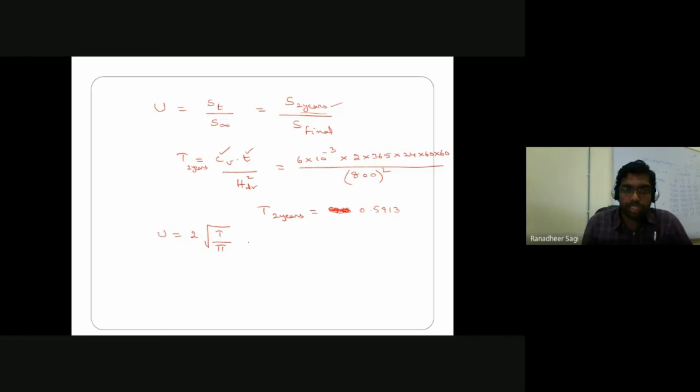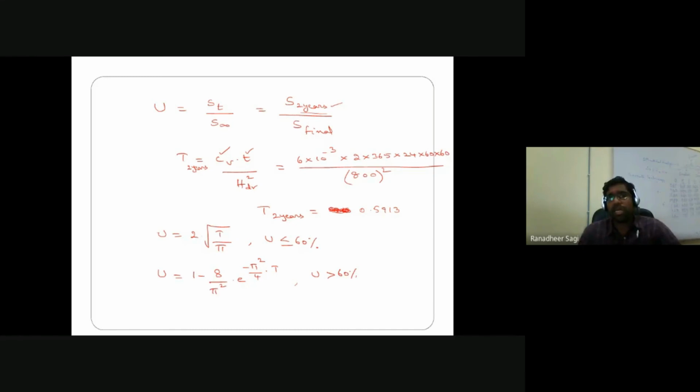Okay, so this expression is valid for U less than or equal to 60%. And another expression for U is given as 1 minus 8 by pi square into e to the power of minus pi square by 4 into T. This expression is valid for U greater than 60%.